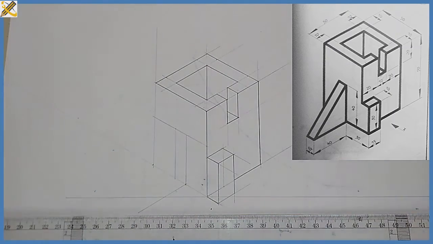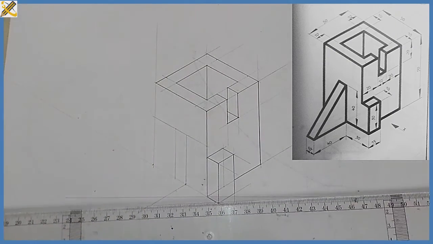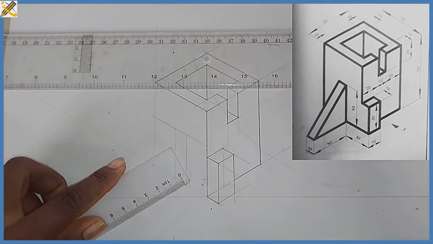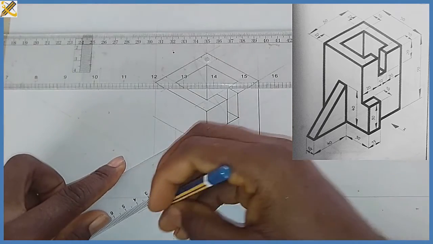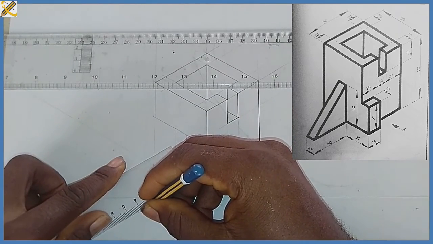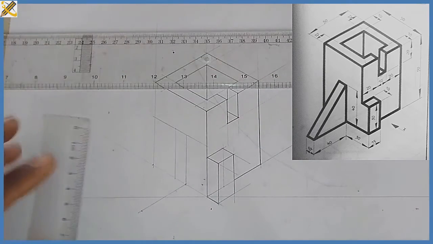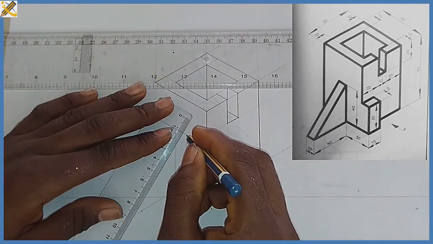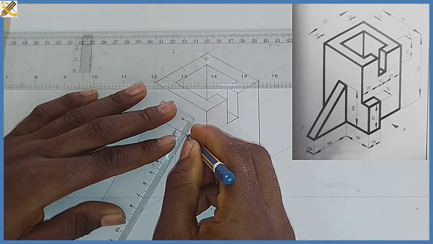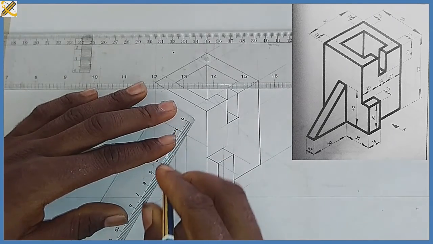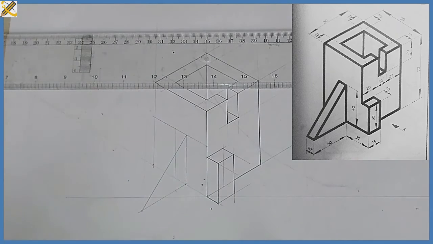So we are told that the mark of the web here is mark of 40. So from this junction here, I measure 40, which is right here. That's the mark of 40 right there. So having that mark of 40 with my ruler, I'm going to join like this. Can you see? All right.